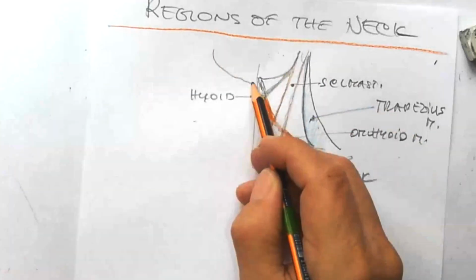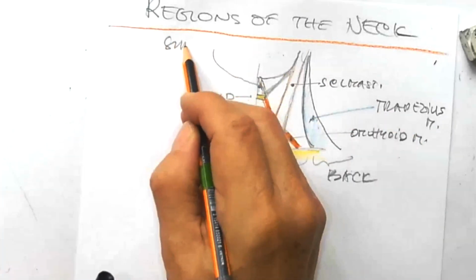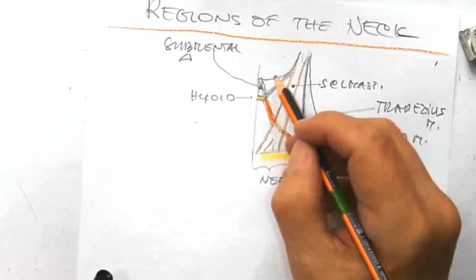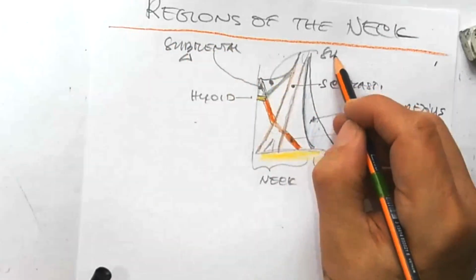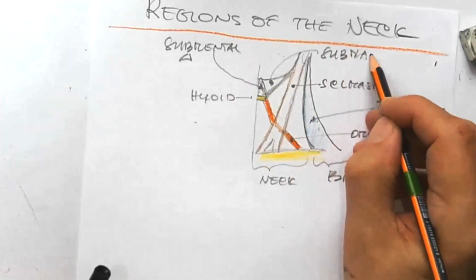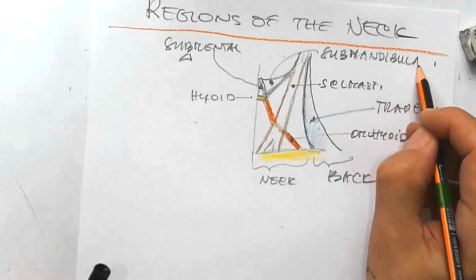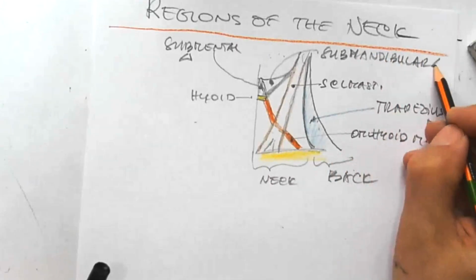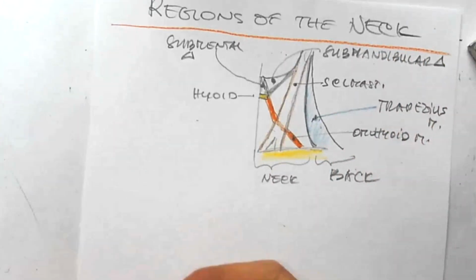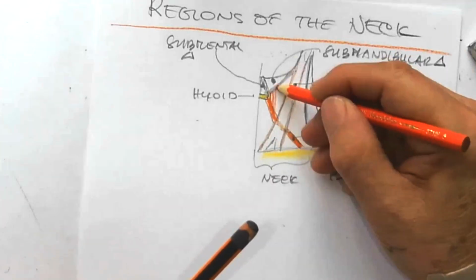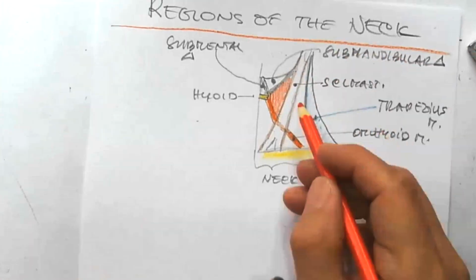First of all, that trigon is the submental. We will start with the submental trigon. That one is called submandibular, submandibular trigon, also triangle. Then dark red indicates the carotid trigon.